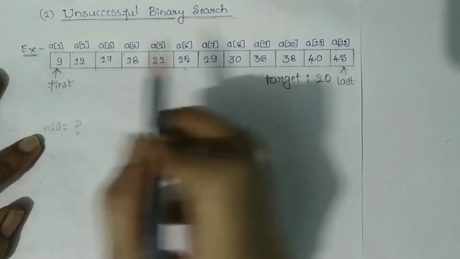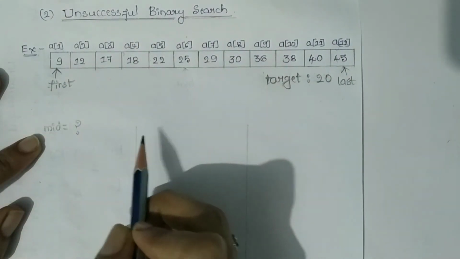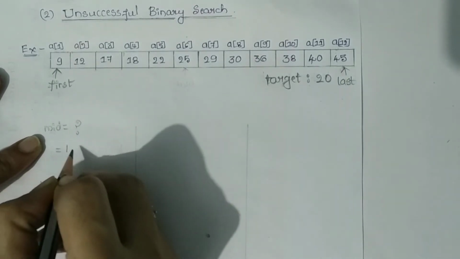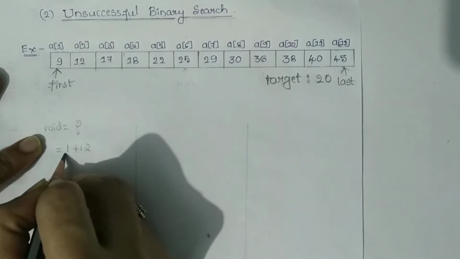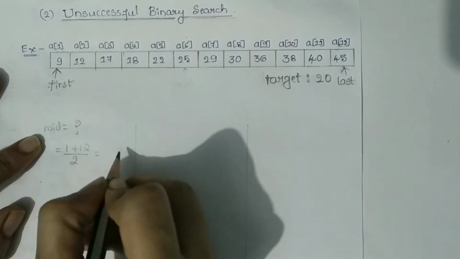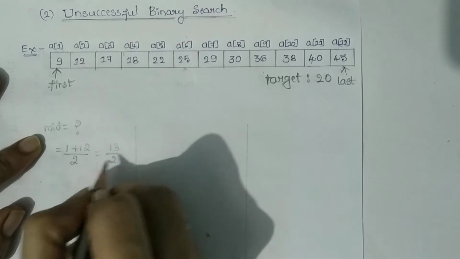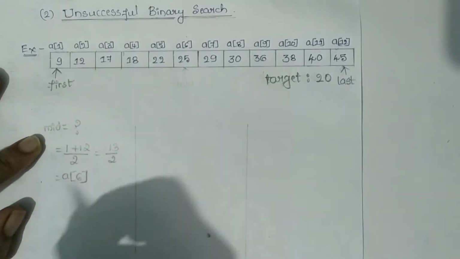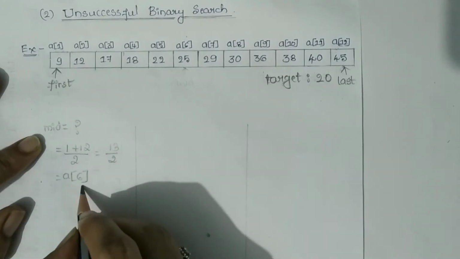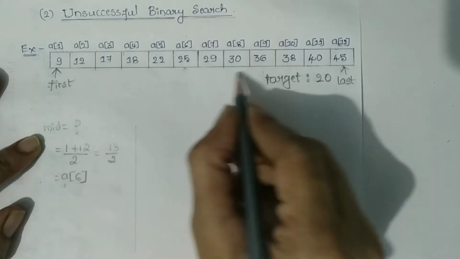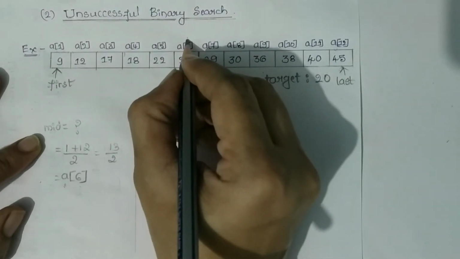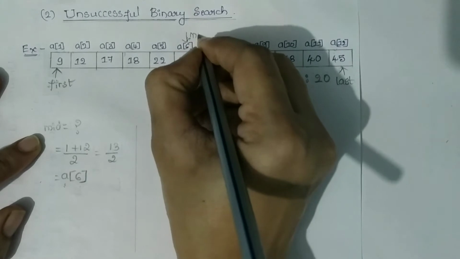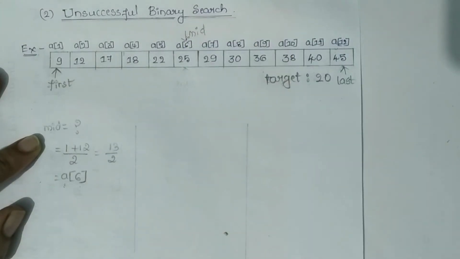Array of 1 plus array of 12 divided by 2, that is 1 plus 12 divided by 2 equals 13 by 2, which will be 6. That is array of 6. So this is the mid value of the given list.